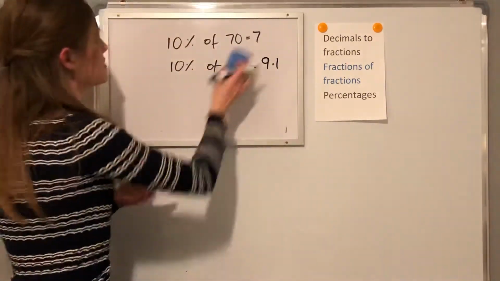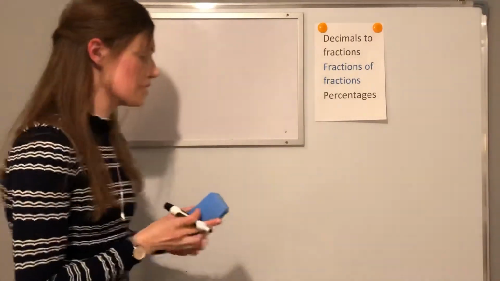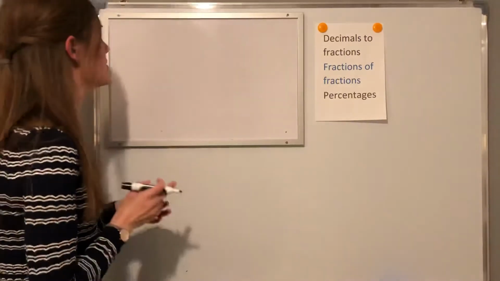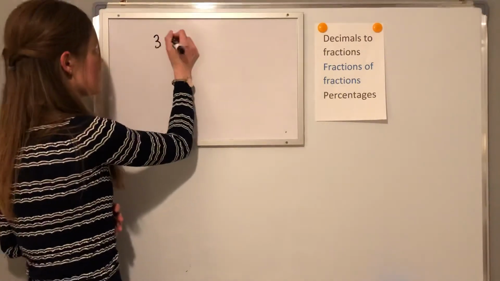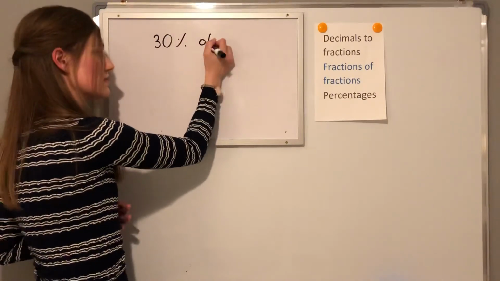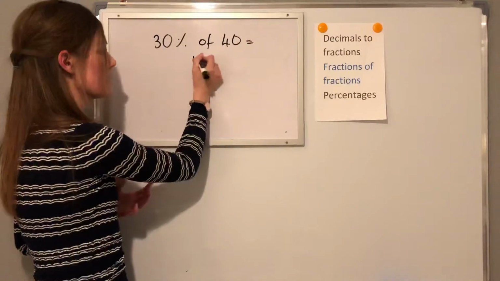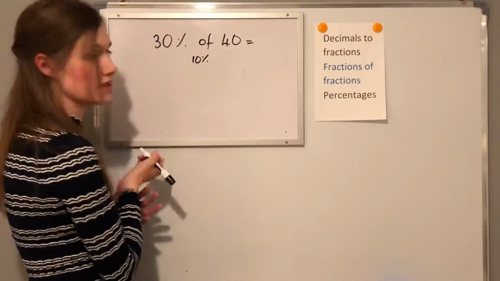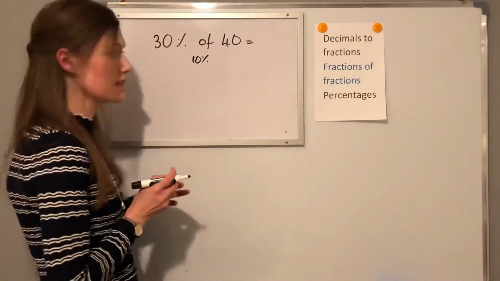Right, so once you've mastered 10%, you can then use that to help you work out more complicated percentages. So if you were doing 30% of 40, for example, you would work out 10% first of all, and then you want 3 of them because you've got 30%.